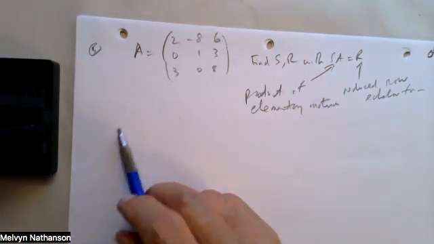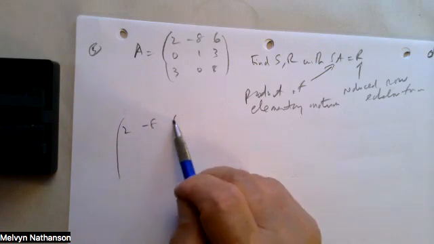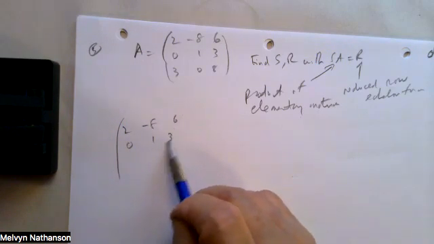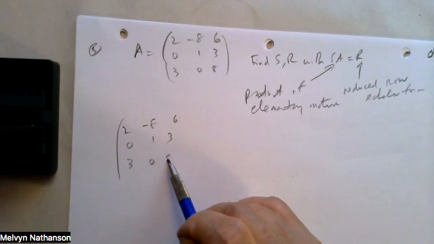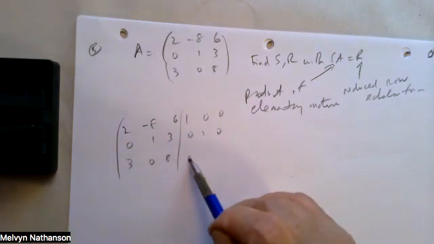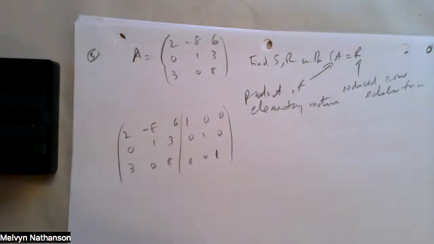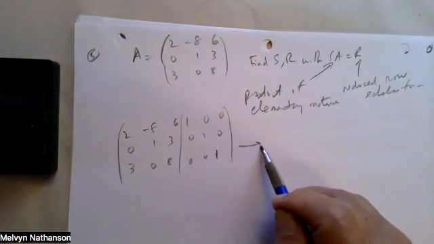The simplest way to do that is to write down matrix A and make that the left half of a matrix, where the right half is the identity. And then put this new matrix in reduced row echelon form.